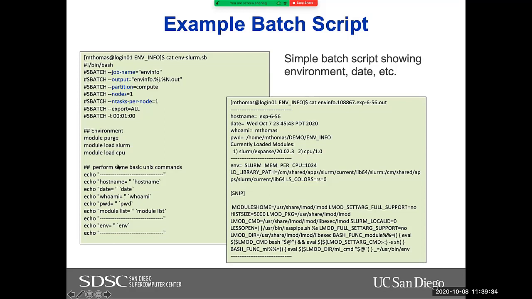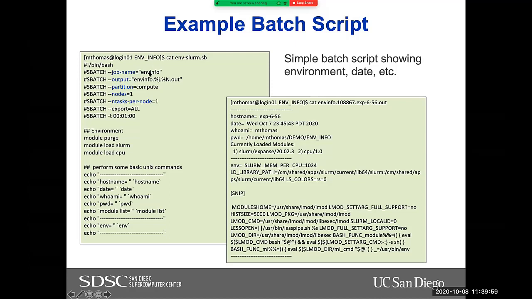This is a do-nothing script, except it does show you how the Slurm queue works and what machine you're on. You can print out some basic information. Anything that you can put into a bash script, B-A-S-H script, you can put into your batch script as well, as long as you don't have a collision with the batch environment that gets set up.